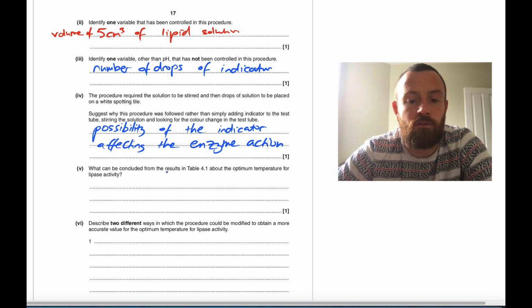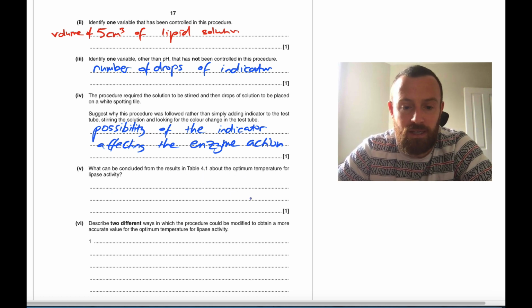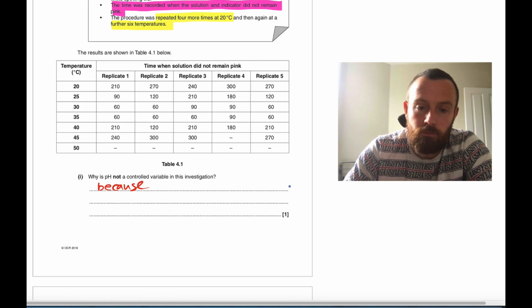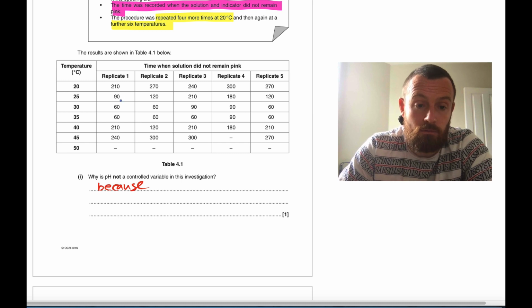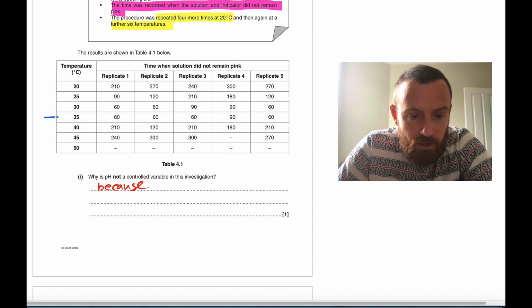What can be concluded from the results in table 4.1 about the optimum temperature for lipase activity? Okay, well, which one is the optimum? Well, we're looking for a very fast time for it to turn pink. So that's quite slow. That's a bit faster. This is pretty fast. And all of these, well, it's probably 35, isn't it?